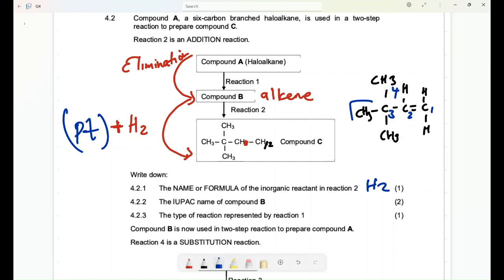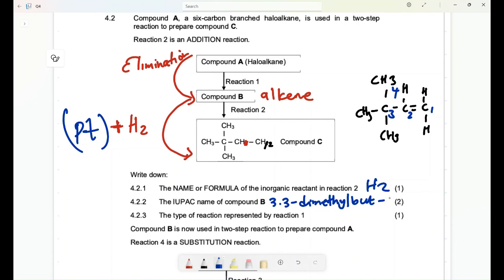So now we have 2 methyl branches on carbon number 3. So when I name this, it's going to be 3,3-dimethyl, because di means 2. Longest chain, it is but.